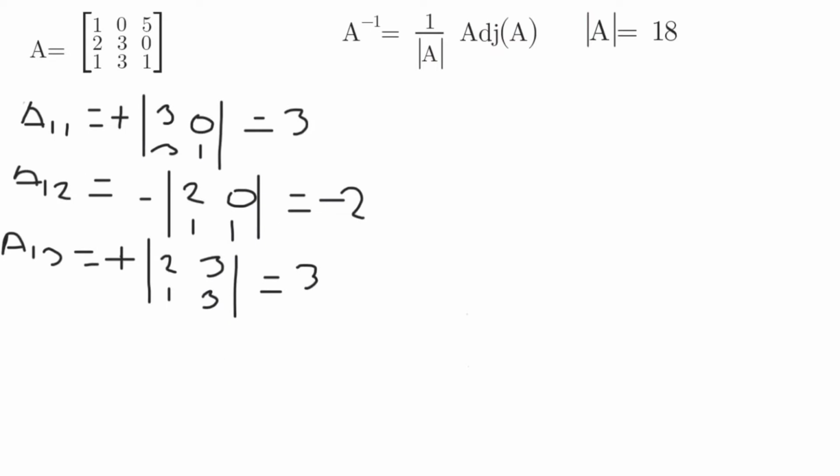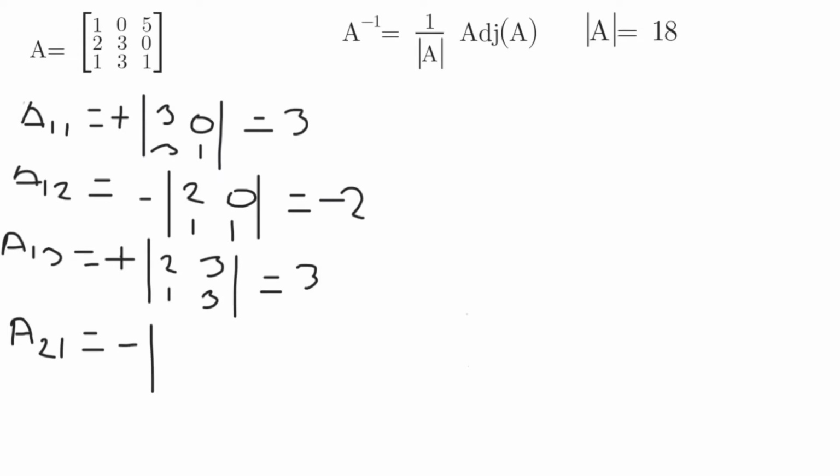Now let's calculate A21, the cofactor of the element of the second row and first column. Capital A21 is negative.